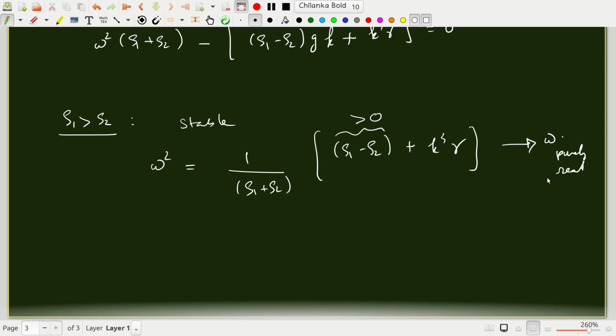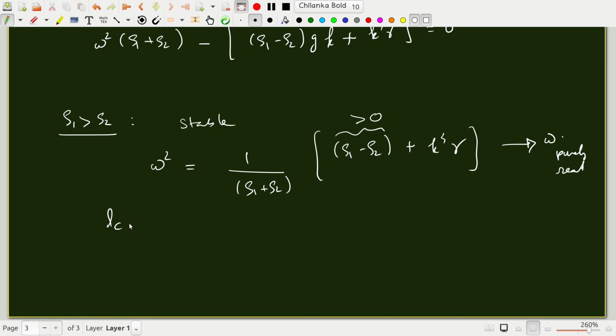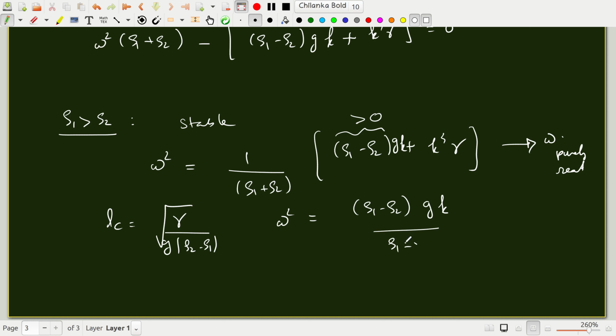Now we can define the capillary length as gamma by g times the absolute value of the density difference, rho 2 minus rho 1. Then omega squared is defined as, if I pull out (rho 1 minus rho 2) times gk, there is already a rho 1 plus rho 2 here.